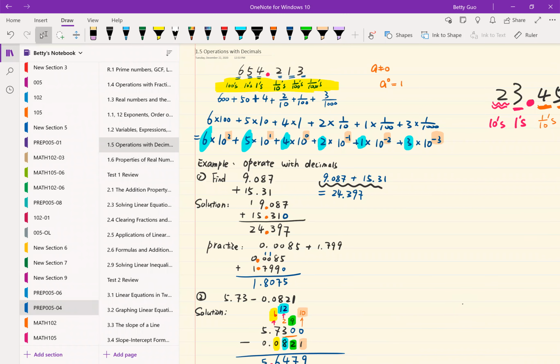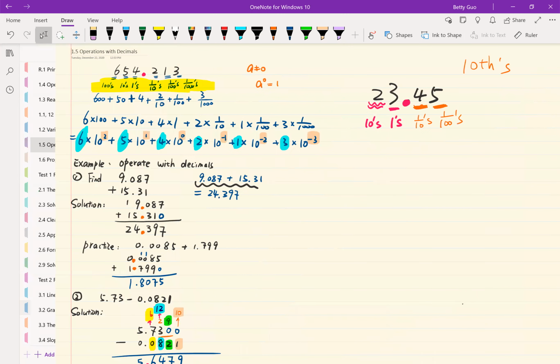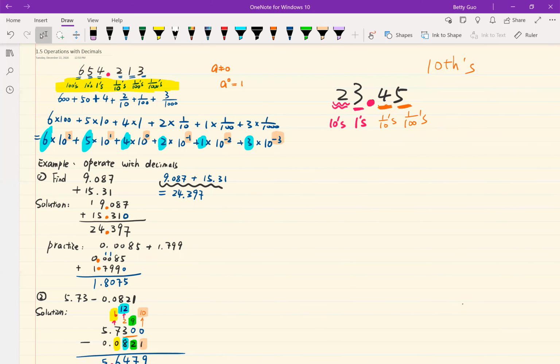Operations with decimals. We have learned the number system. We know the real number set includes rational numbers and irrational numbers. Both rational and irrational numbers can be defined as decimals, right?